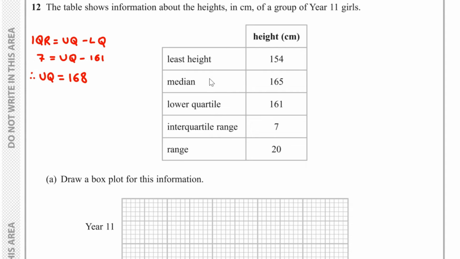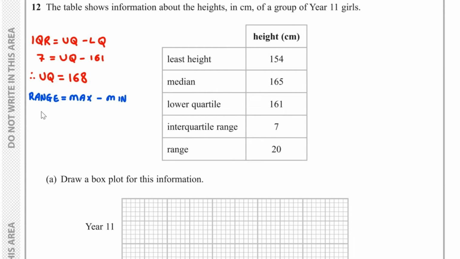We've been given the least height and the range, so with this we can find the maximum height. We should know that the range is equal to the maximum take away the minimum.